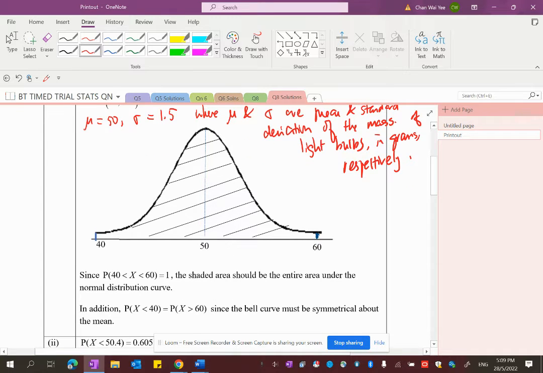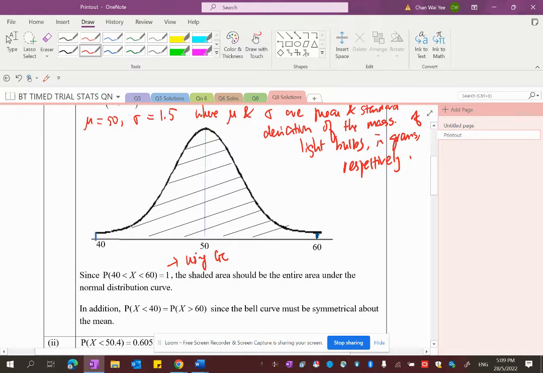Since probability of X between 40 and 60 is 1, using GC, this means that when we draw the bell curve, the shaded area between 40 and 60 should be the entire area under the normal distribution curve.